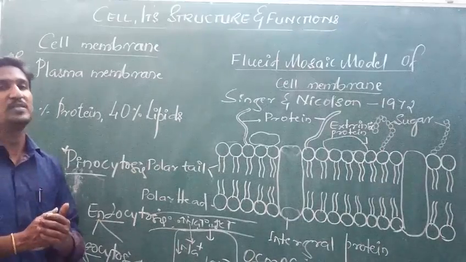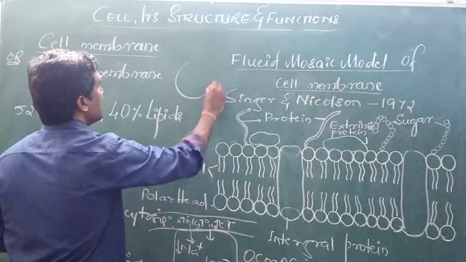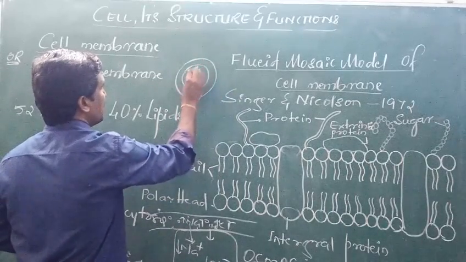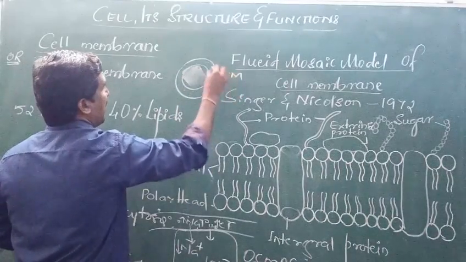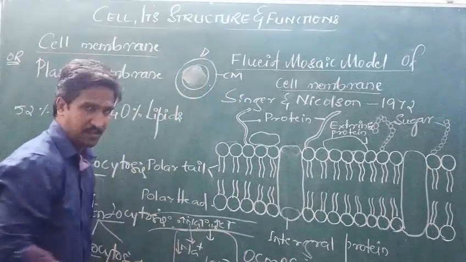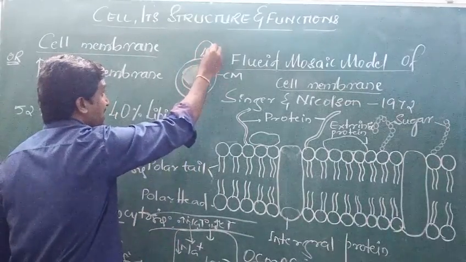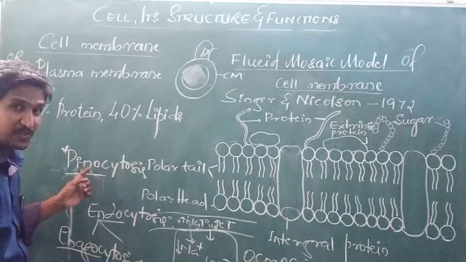Say for example, there is a WBC, a white blood corpuscle. This is the structure, this is the nucleus, here cell organelles will be there, and this is the cell membrane. And now this is the pathogen, which is causing disease. Now the cell is going to eat it. What happens, phagocytosis or pinocytosis?